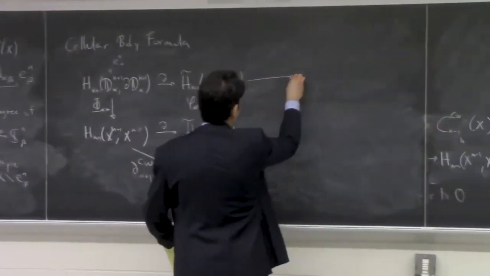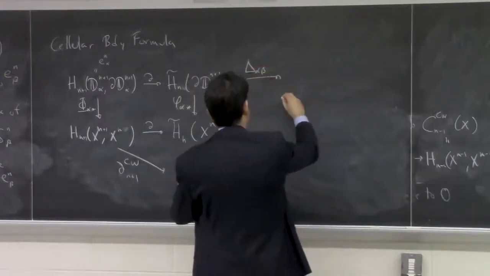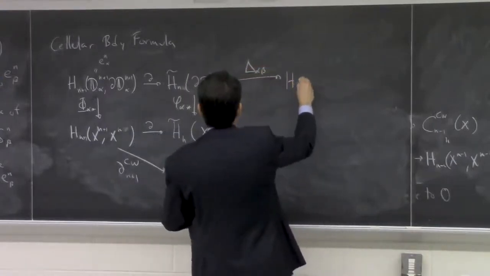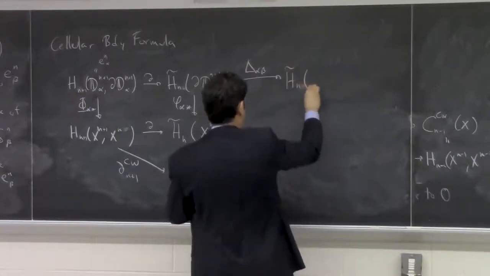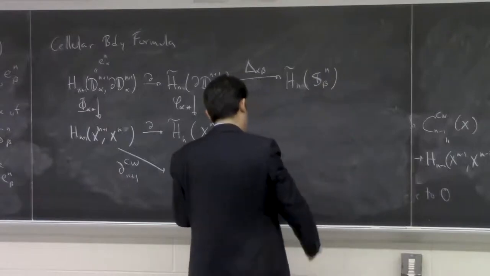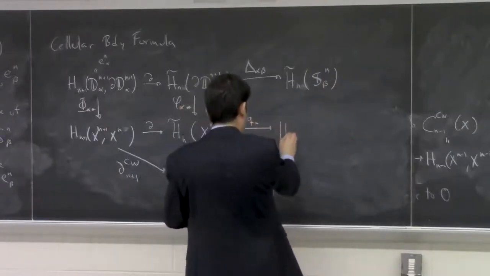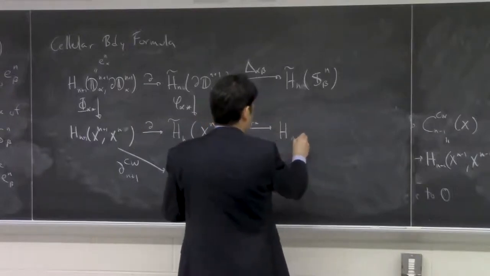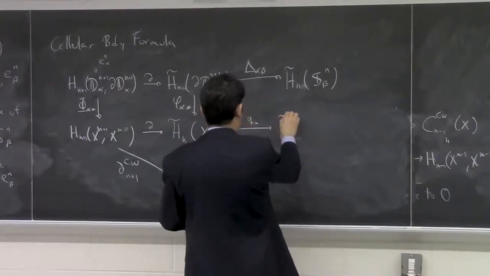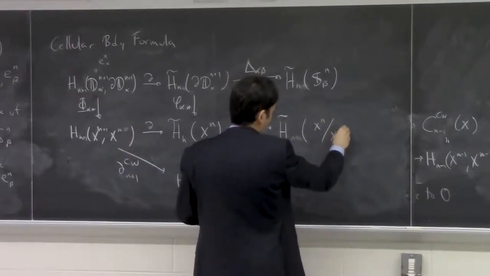Okay, now here we have this map, capital delta, mapping into H_n tilde of S^n_beta. Here we have a collapse mapping into H_n tilde of X^n over X^(n-1).